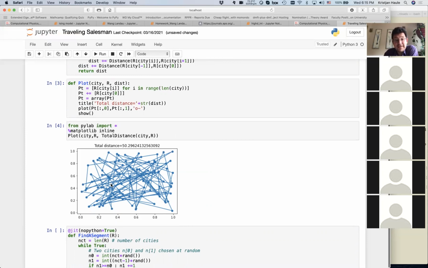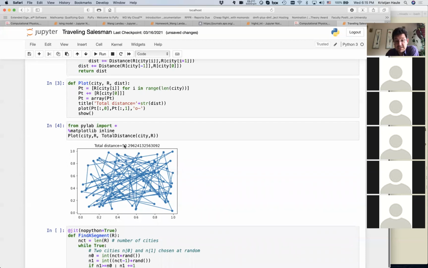And then the original configuration from which we start is just the permutation which is ordered. So basically 0, 1, 2, 3, 4, 5 to n minus 1. And this original permutation looks like that.